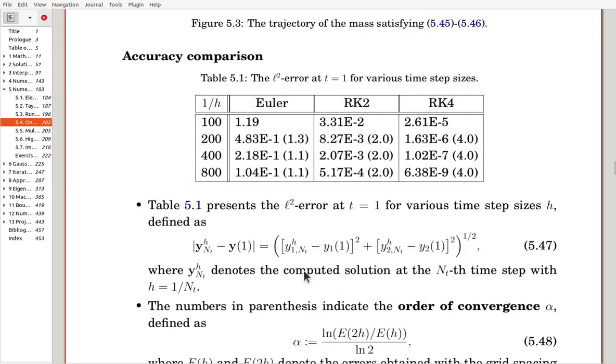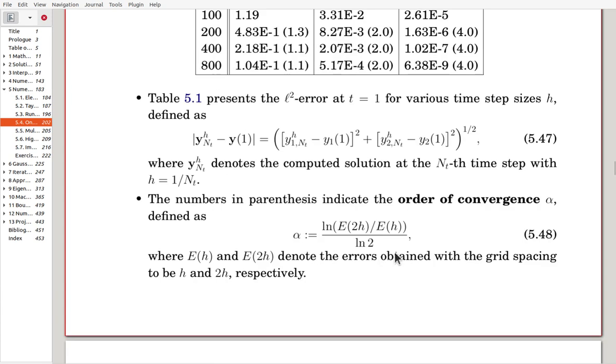Here the error is measured at the terminal point, in the L2 norm, so the distance is measured using this L2 norm at the last moment. By using the errors, these known values, this value and that value, the logarithm divided by logarithm 2 gives the order of convergence alpha.